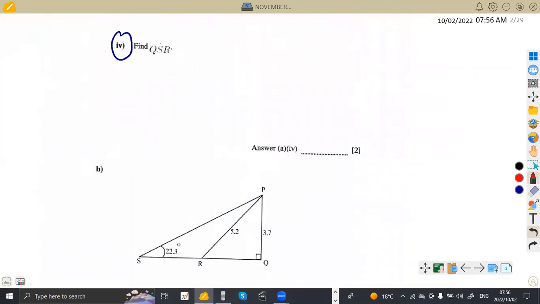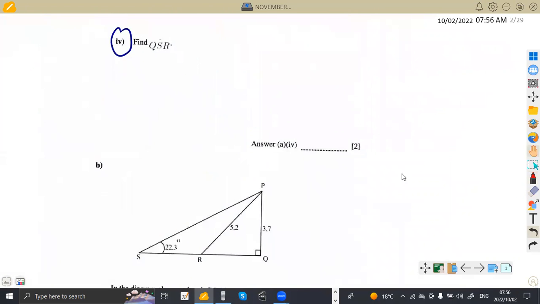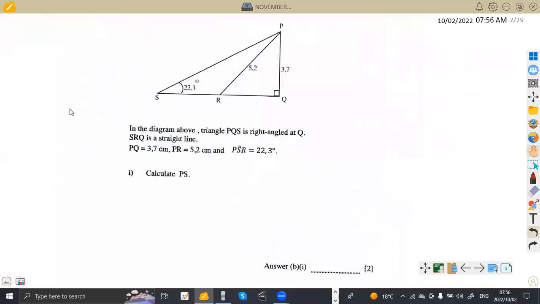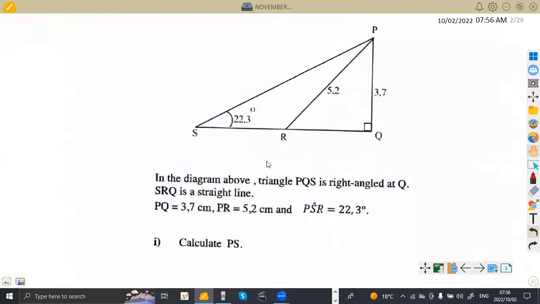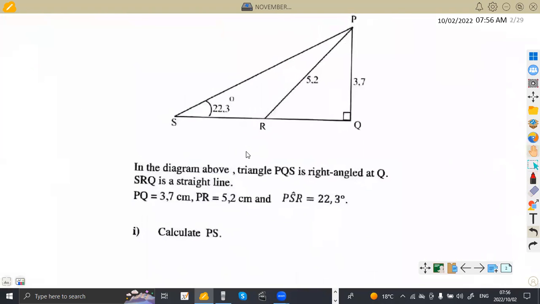Now another question, which is item B. Here we're given a triangle to work on, from our solving triangles. We are asked to calculate PS, from P to S. It's a right angle triangle, so if you take a closer look, you can take advantage of this angle of 22,3 degrees here.